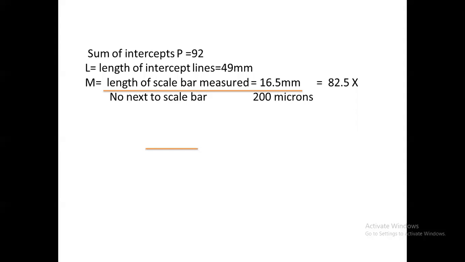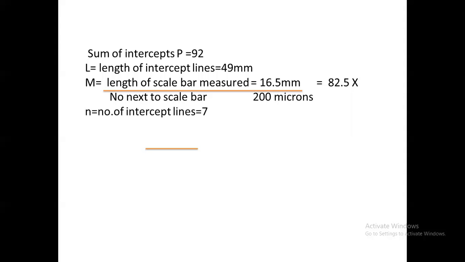Here the measured scale bar length is 16.5 mm, and the number next to the scale bar is 200 microns. Converting mm into microns, we get 16.5 into 10 power 3 upon 200. So we get the effective M as 82.5x, which means it is magnified 82.5 times.